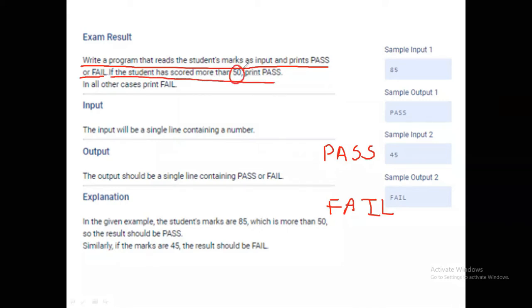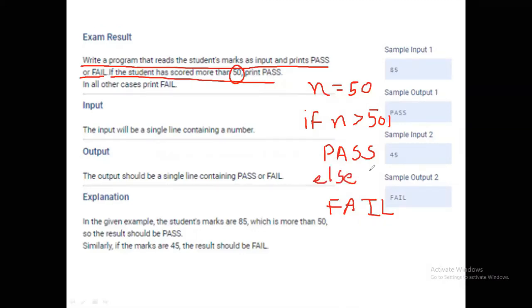In all other cases, print fail. So you read the n value, and if the n value is greater than 50, that is the condition, then you are going to print pass. In the else case, you are going to print fail.